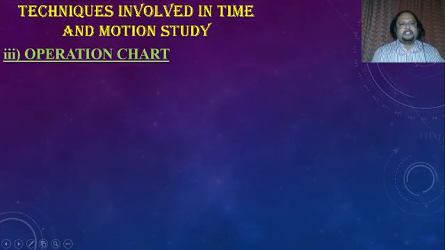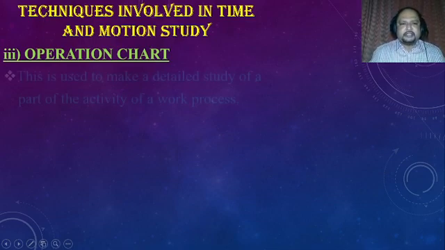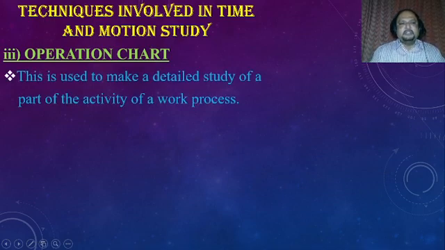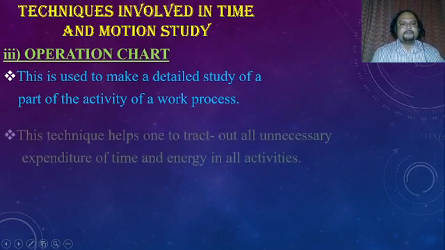Now let us proceed to the next slide, and in this particular slide, we will discuss the third technique involved in time and motion study. As you can already see on your screen, the third one is operation chart. Now what happens in this one? This is used to make a detailed study of a part of the activity of a work process.